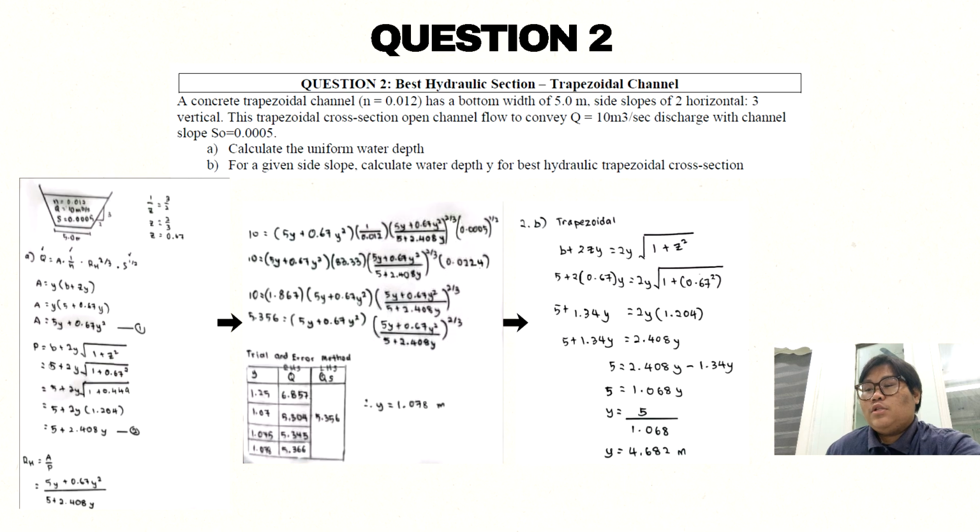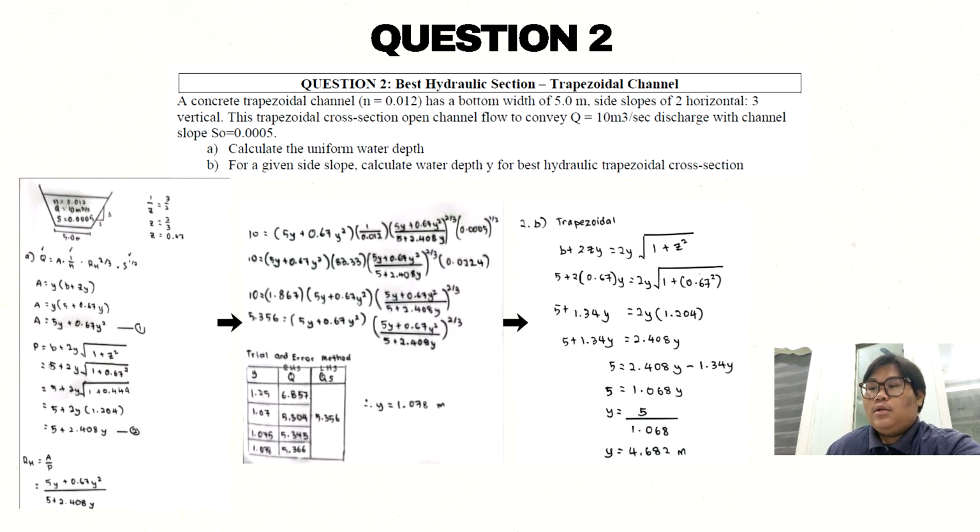And then solve the N and S, and it will become 10 equals 5y plus 0.67y squared times 83.33 times 5y plus 0.67y squared over 5 plus 2.408y power of 2 over 3 times 0.0224.